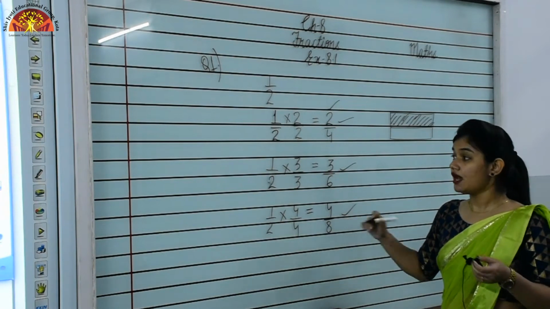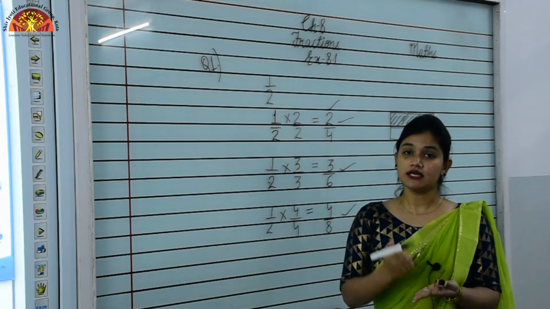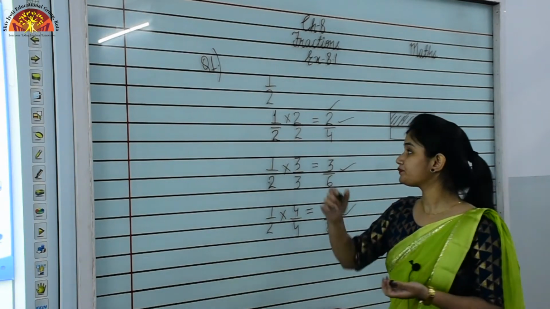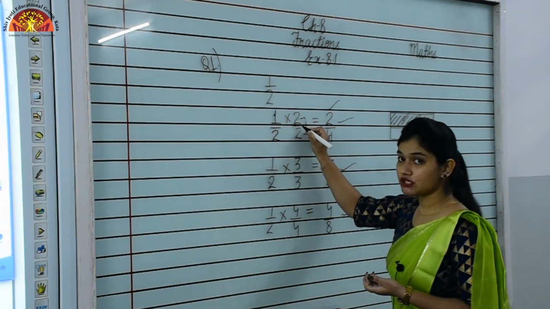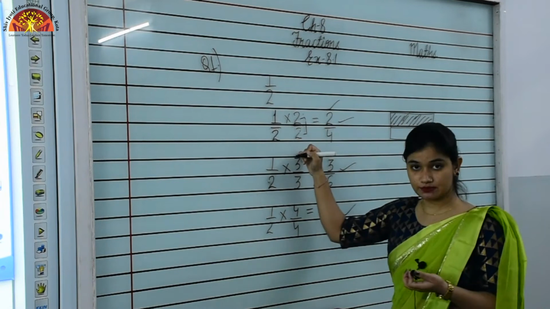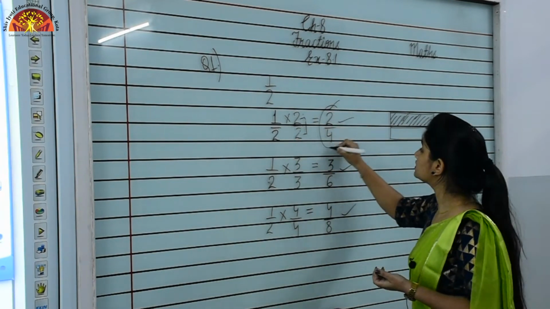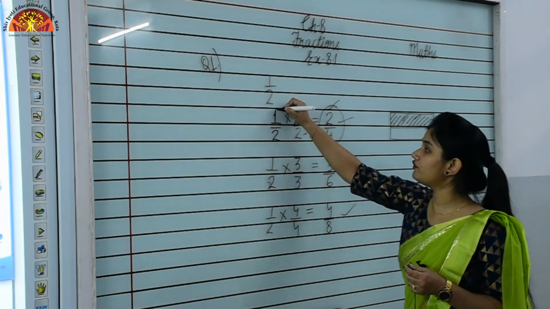Okay students, and how can we find the equivalent fraction? If we multiply the same fraction by numbers. I am multiplying by 2 in the numerator also and in the denominator also. I have multiplied by the same number. Then I am getting this fraction. So this fraction is equivalent to this fraction.